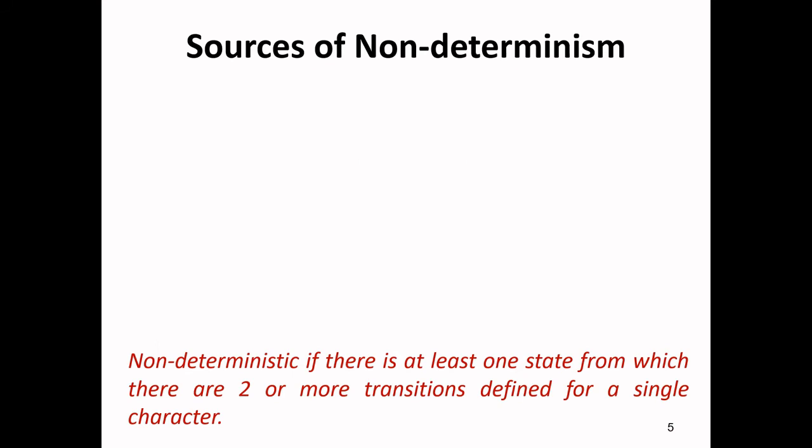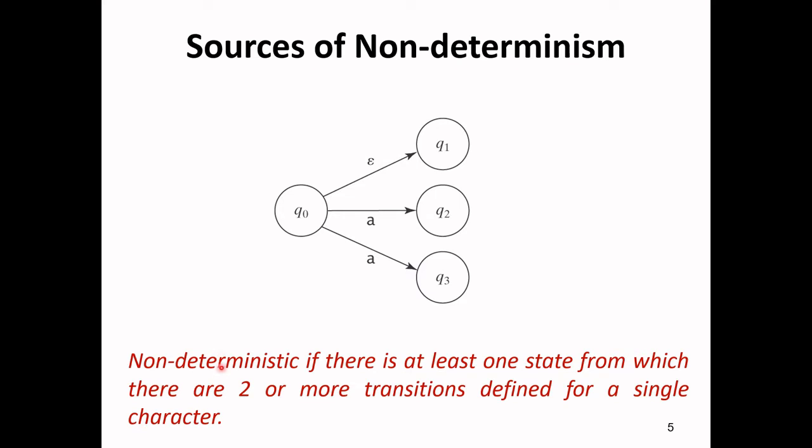The FSM is non-deterministic if there is at least one state from which there are two or more transitions defined for a single character. That is, consider an NDFSM where we are at the state Q0 and the next input character to be read is A. Then there are three moves that this NDFSM could make. First, it can take the epsilon transition to state Q1 before it reads the next input character.